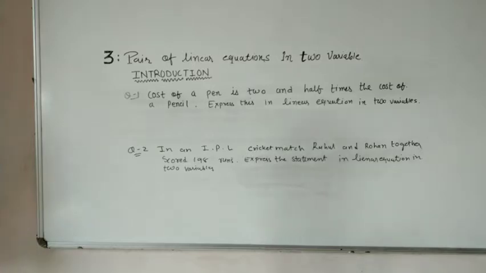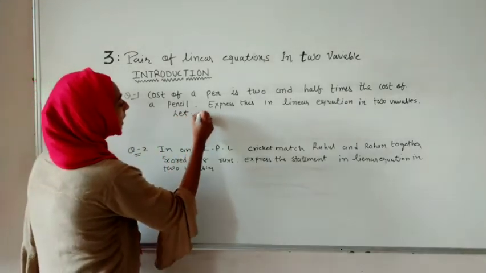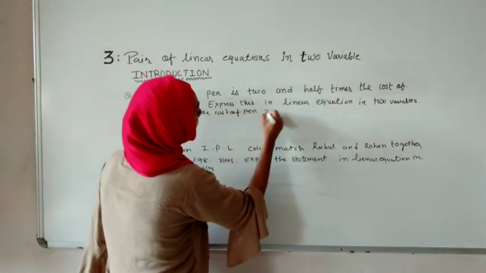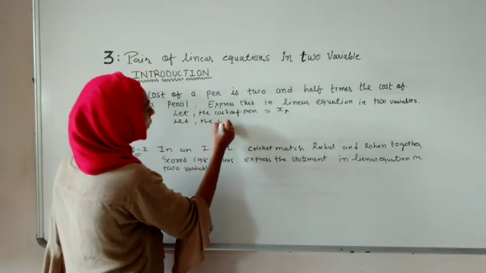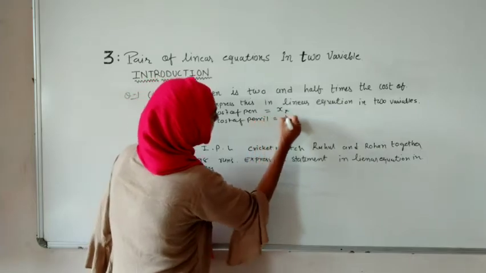So here 2 more examples I would like to give you. The cost of a pen is 2.5 times the cost of a pencil. As I told you, first we will guess: let the cost of the pen be x rupees and let the cost of the pencil be y rupees.